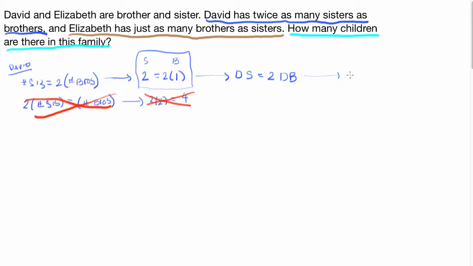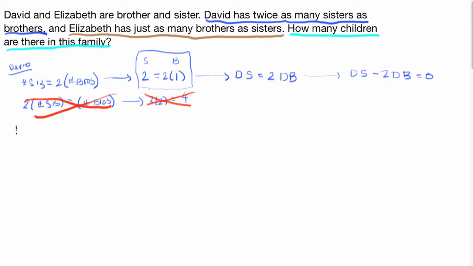Well, you'll see. DS minus 2DB equals 0. You actually don't need to do this extra step, but later on you're going to end up doing it anyway, so I'm just doing it ahead of time. If you don't do it, nothing wrong. The only difference is it'll take you a little longer to solve the problem.